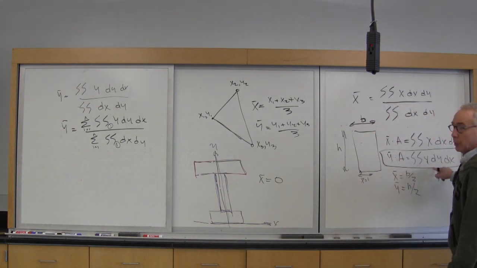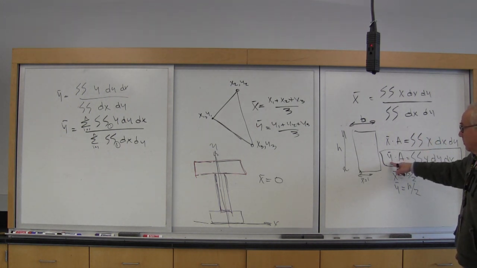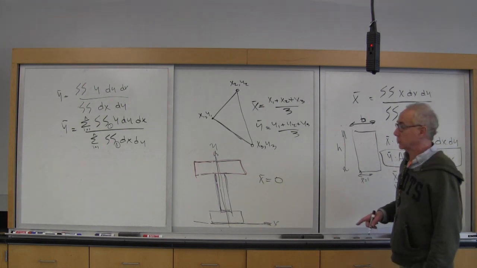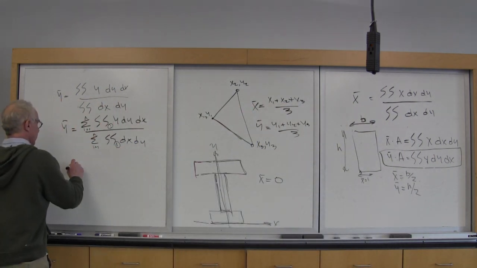relationship here, which shows us that the numerator over there is just equal to y bar, in other words, the centroid of the individual rectangle, times the area of that rectangle. So I'm going to use that relationship here.